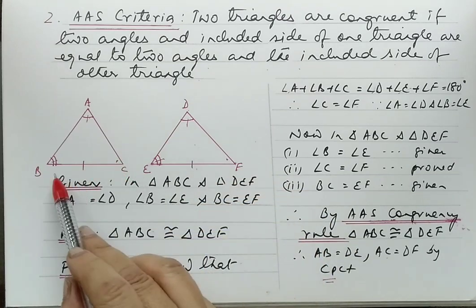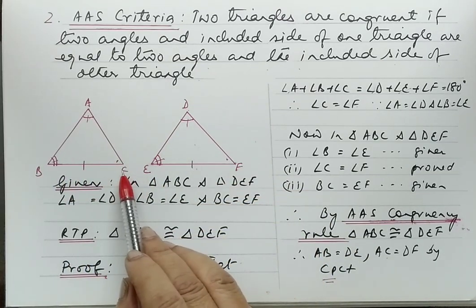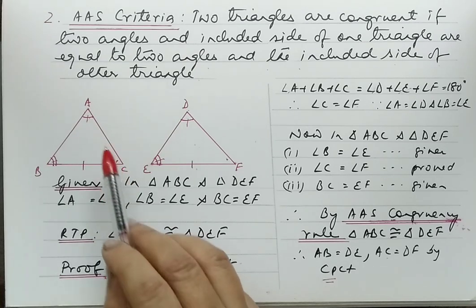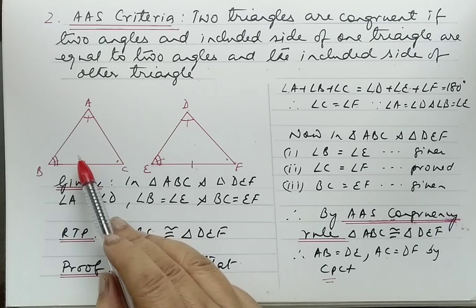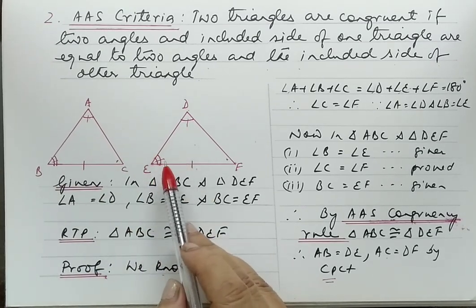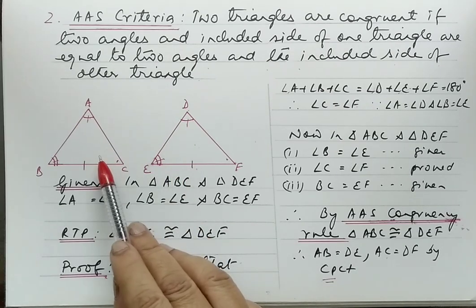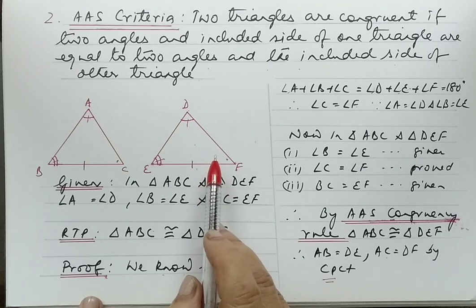So BC is in no way seeming to be included between the referred angles, angle A and B. So logically AB should have been equal to DE to enable us to prove the congruency of the two. Are you getting my point?